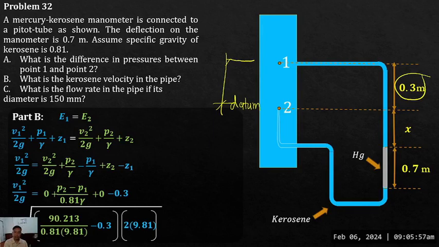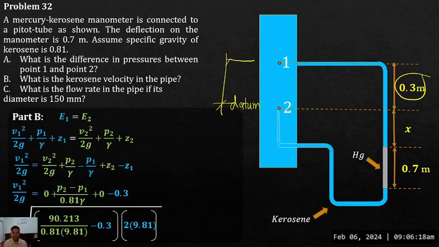So, may nagtanong din kanina, bakit daw naging 0 yung elevation. So, kapag kasi horizontal ang ating venturimeter, so, ibig sabihin yung point 1 tsaka point 2, it lies in the same plane.